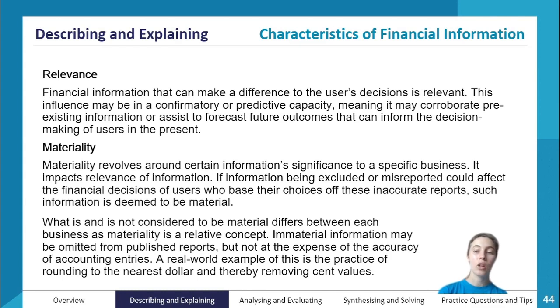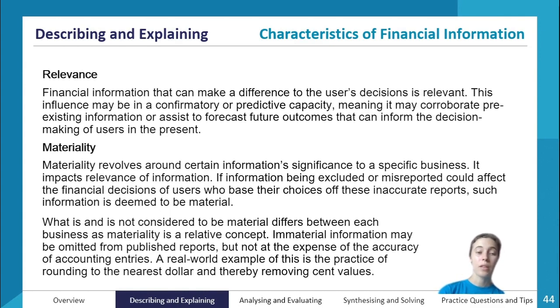It may corroborate pre-existing information to confirm that it's correct, or it could assist the business or someone else to predict future outcomes that can inform future decision making. So decision making in terms of what will happen to the business, what investors would do, those sorts of things.